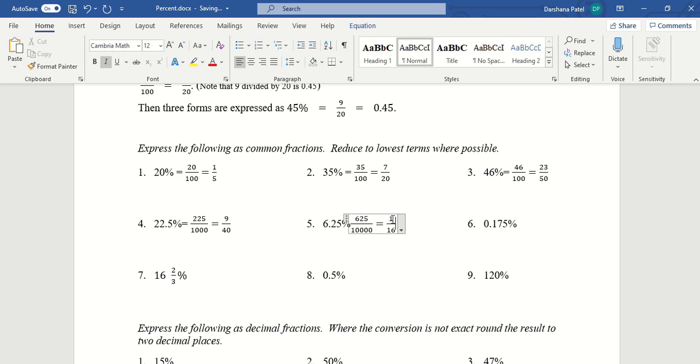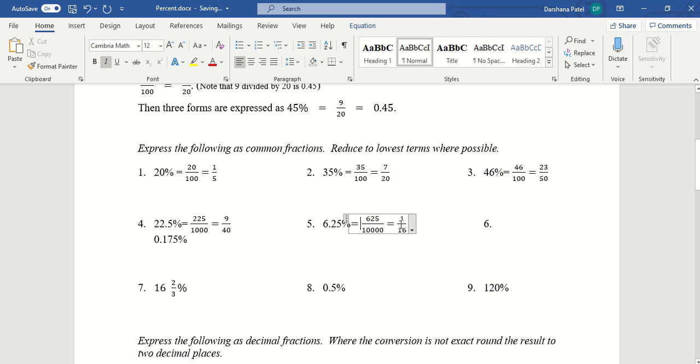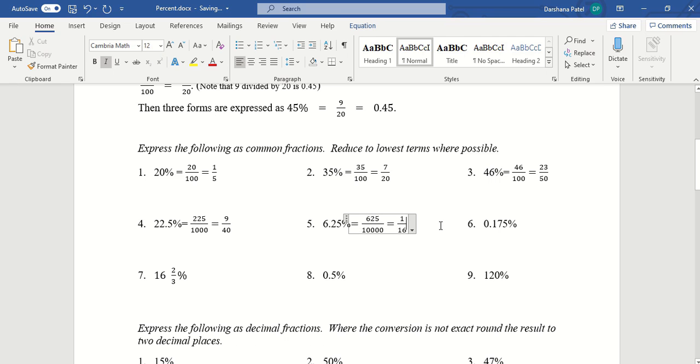If you were to see one more, 0.175, that's already 3 numbers after the decimal, so that's 1000. And then if you were to divide by 100, that will be another 100. So basically we will have 175 over 100,000.